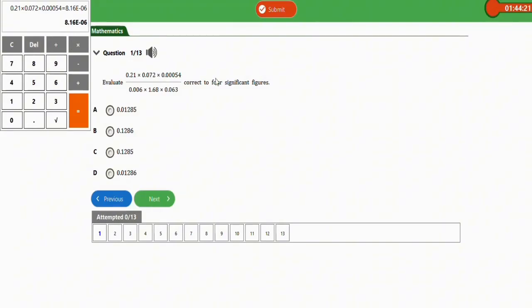Now if you want to solve this manually, if you are simplifying the numerator, 0.21 is the same as 2.1 times 10 to the power negative 1. Remember we have done standard form.